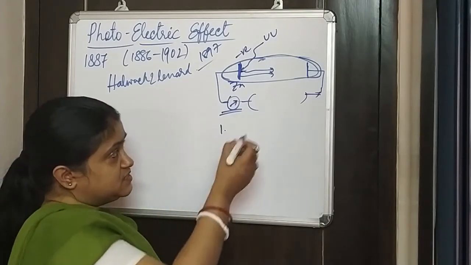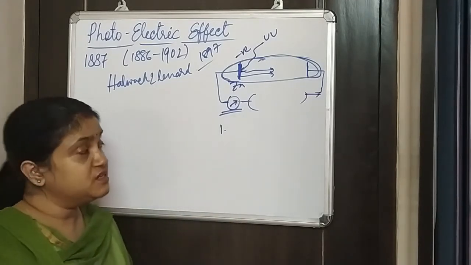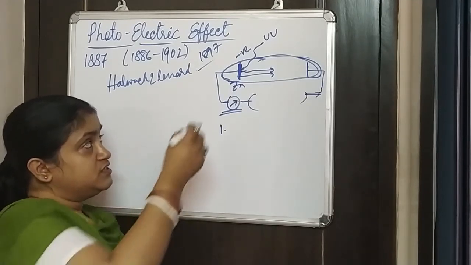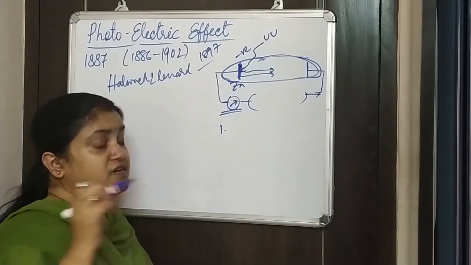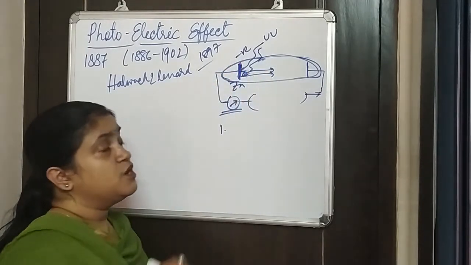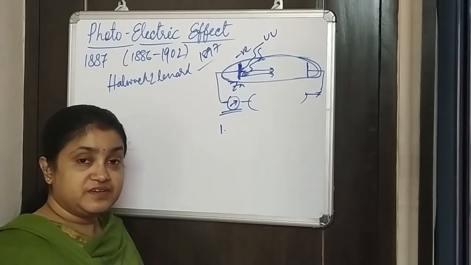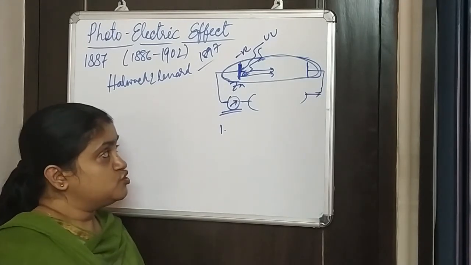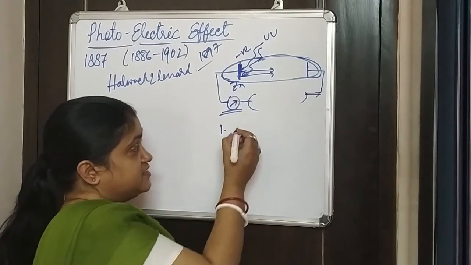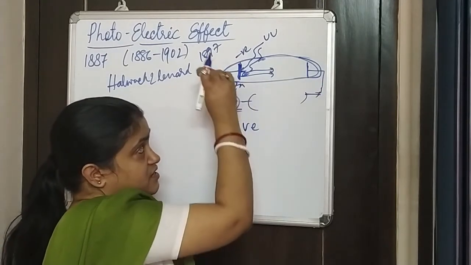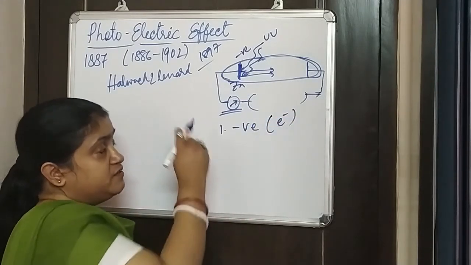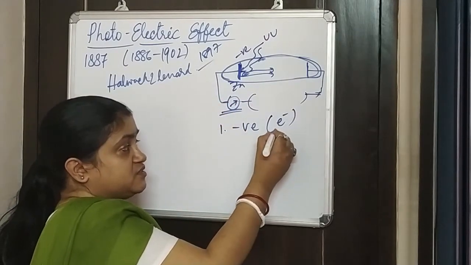This current depends not only on the potential, but also on the frequency of the light they were irradiating with. So they understood that a negative particle is coming out, which we later came to know as the electron.